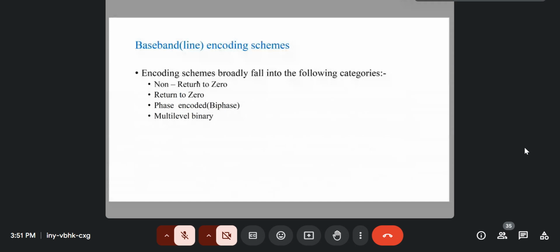We are not going to look at multi-level binary. As I said, this is another system, but we are going to limit ourselves to these three types. Not for any reason, just to make it shorter.